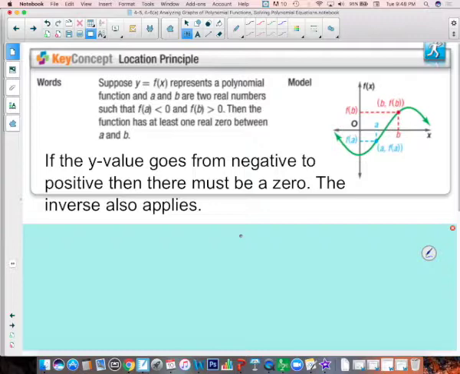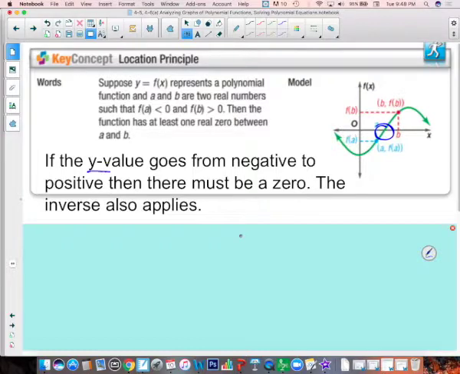And then we're looking at the location principle here. What the location principle is, we're looking at zeros. So on your graph, circle that 0 right there. You're going to think about the y value.